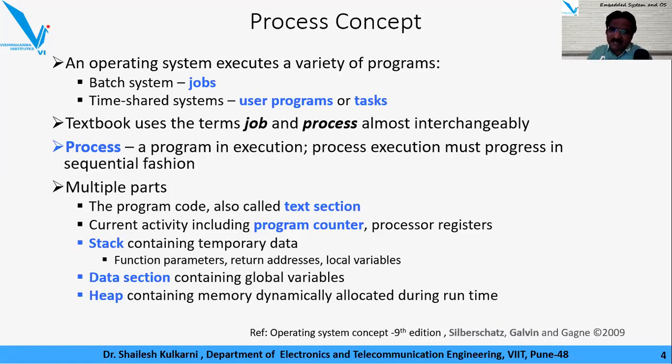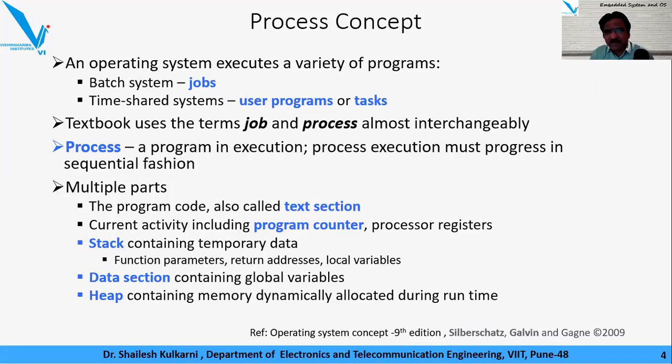So it is written that a process is a program in execution, and process execution must progress in a sequential fashion. If I refine this definition of process or task from our purview, then any self-sustained entity that can be executed is referred to as a process or task.